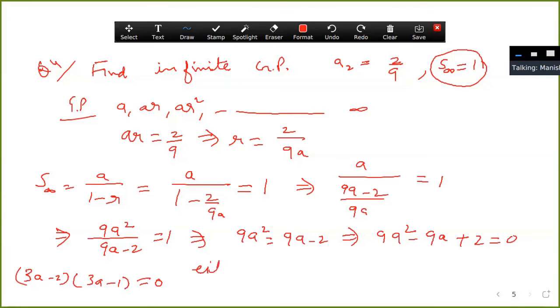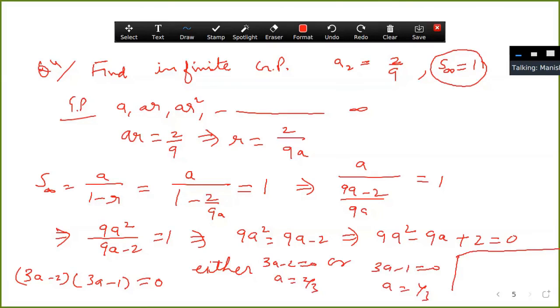Either first factor equal to 0 or second factor is 0. You are getting 3a minus 2 equal to 0 or 3a minus 1 equal to 0. You are getting a is equal to 2 by 3 or a is equal to 1 by 3. Corresponding to each a, you have to find out the value of r. If a is 2 by 3, then what will be r?